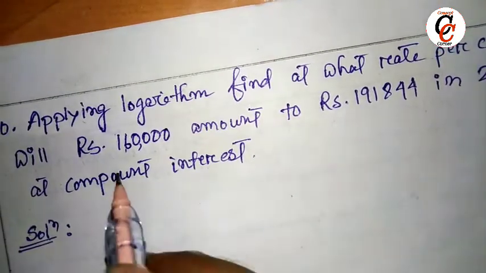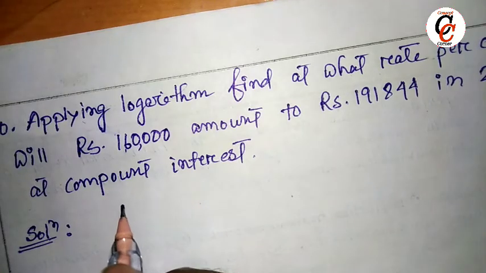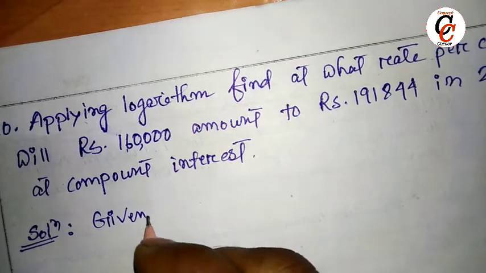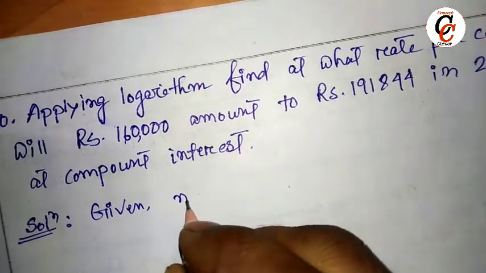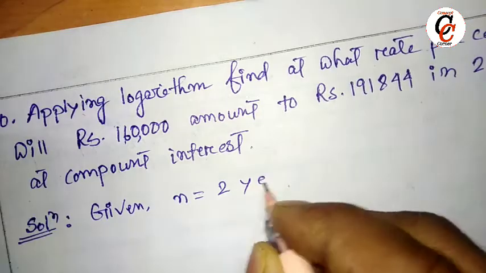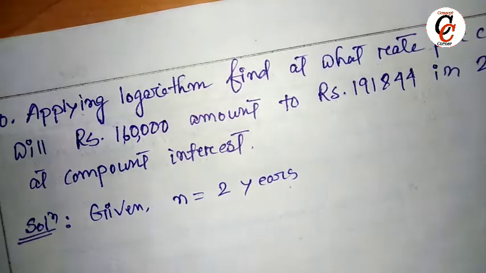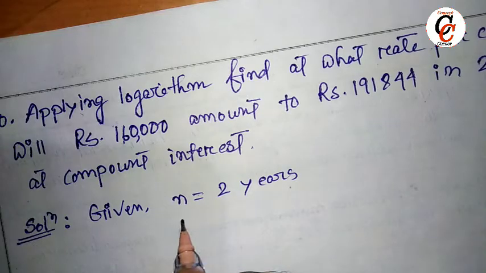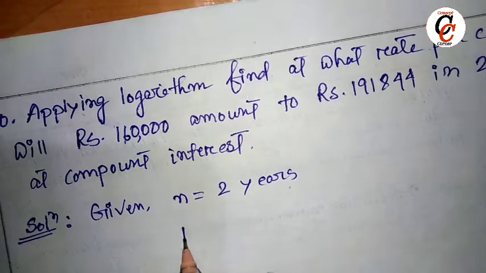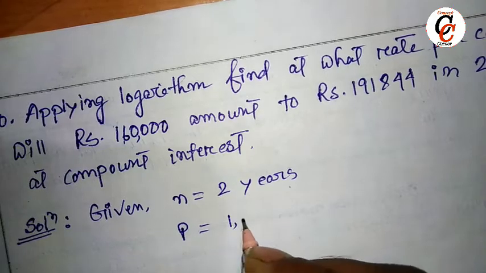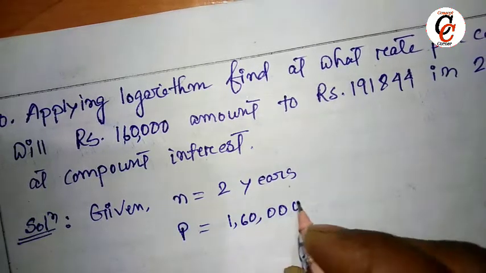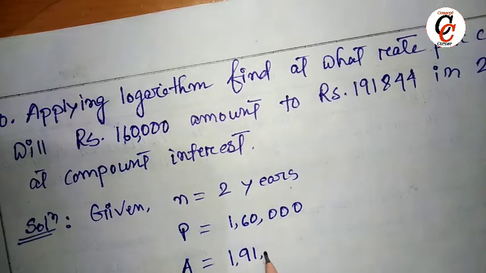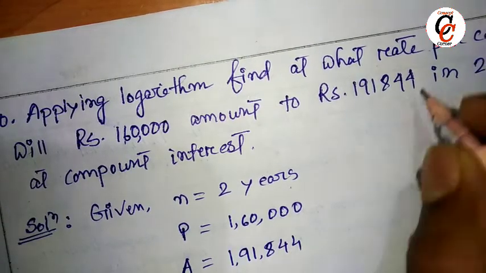So here what is the given information? Time is given, that means the value of n is 2 years. Then P is given, 1,60,000, and the amount is given, 1,91,844.